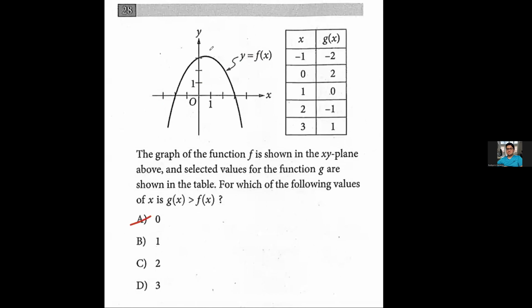At 1, the graph is about 3 and the table is 0, so it's not that. At 2, the table has a value of 1 here, whereas the graph is at -1, so it's not 2. And then at 3, the graph has a value of 0, and the table has a value of 1. So that means the correct answer is choice D: g of x is larger than f of x at x equals 3.